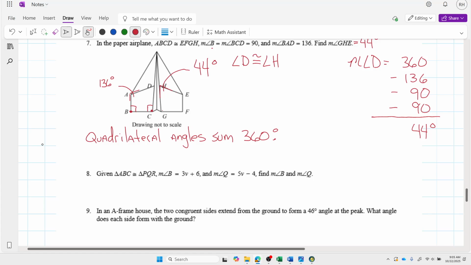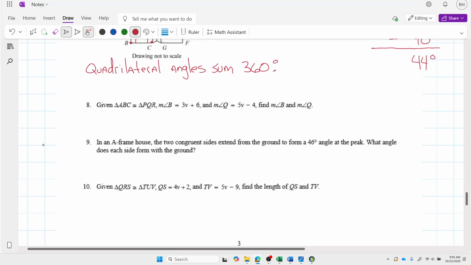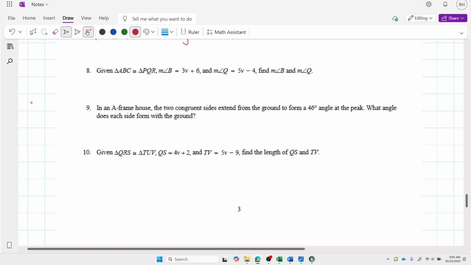All right, in problem number 8, you're given a congruent statement, and I don't believe you have to draw any diagram because you're given that ABC is congruent to PQR. The measure of angle B is 3V plus 6, and the measure of angle Q is 5V minus 4.